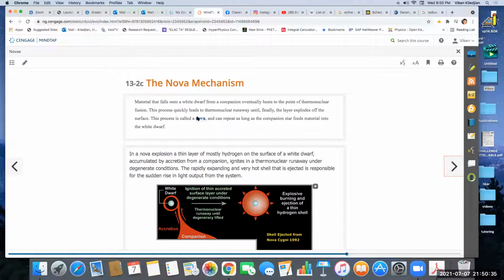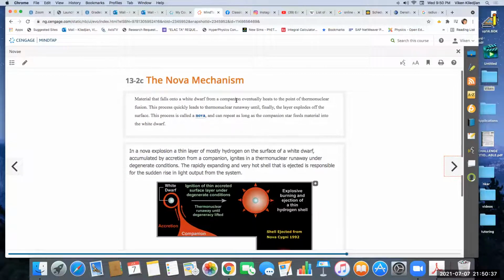So material that falls onto a white dwarf from a companion eventually heats to the point of thermonuclear fusion. So that's kind of what it was saying at the beginning. It turns into this degenerate gas and starts to heat in thermonuclear fusion. This process quickly leads to thermonuclear runaway until finally the layer explodes off the surface.